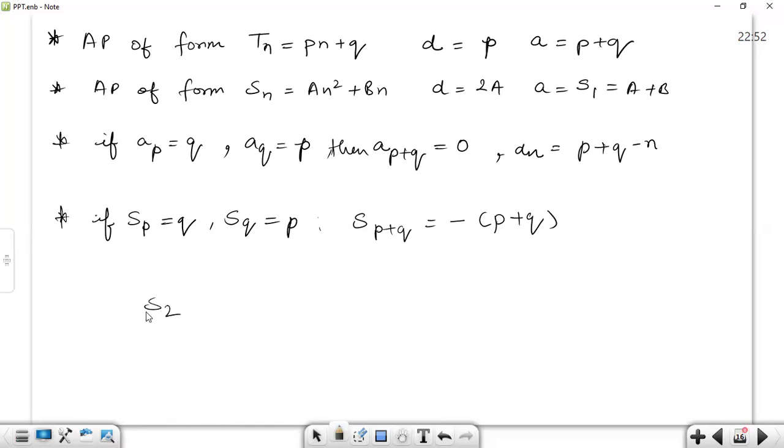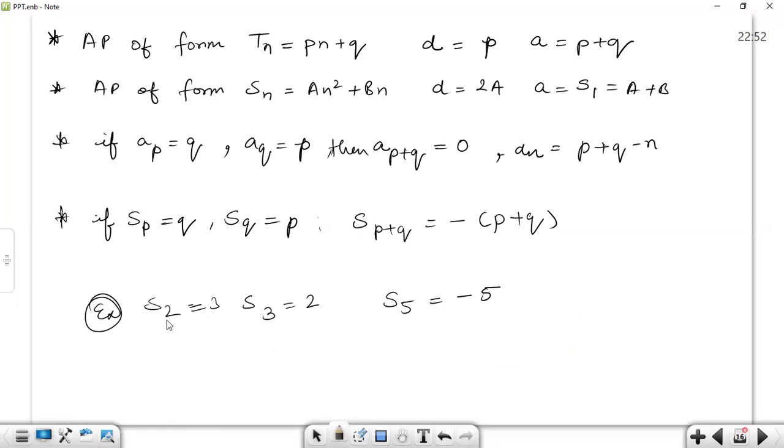Let's say if the sum of two terms is 3, and the sum of three terms is 2, then the sum of five terms will be minus of 2 plus 3, that is minus 5. Clear? Any doubts? No, sir. So, shall we cross check it?